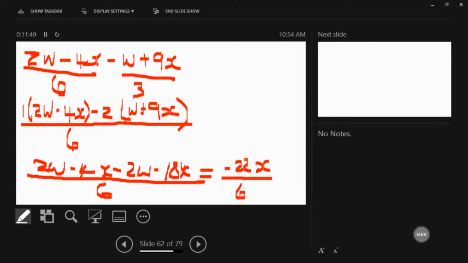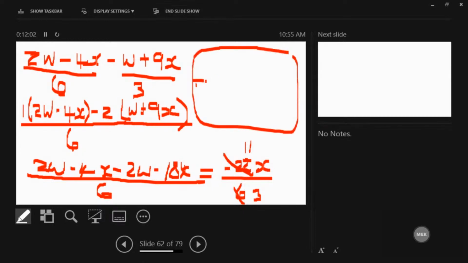And this can be reduced by 2. So 2 into that, 11, 2 into 6, 3. So final answer, that's negative 11x over 3.